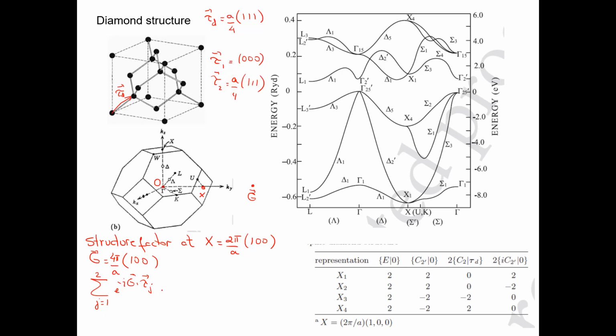So I have here 1 plus e to the minus i pi, because the dot product between G and tau d is pi, and this is 0. So again, in this case, the structure factor vanishes, so we expect bands to stick together at the X point for the diamond structure.